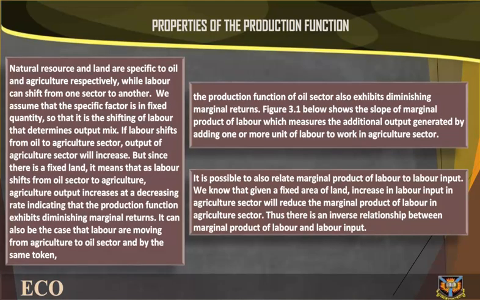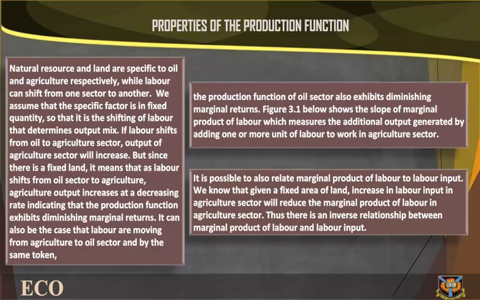Properties of the production function. Natural resources and land are specific to oil and agriculture respectively, while labor can shift from one sector to another. We assume that the specific factor is in fixed quantity, so that it is the shifting of labor that determines the output mix. If labor shifts from oil to the agriculture sector, output of the agriculture sector will increase.